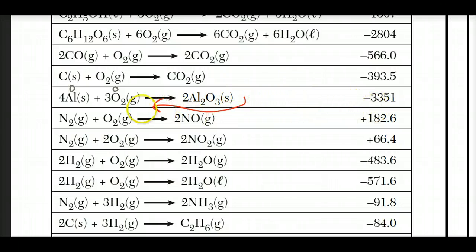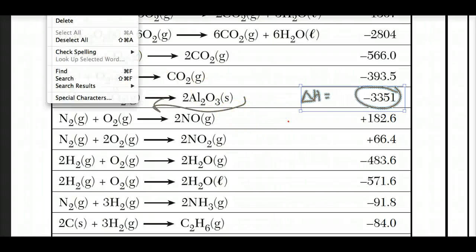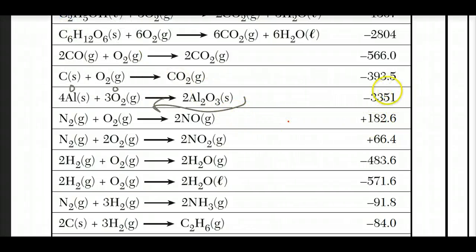One thing I will say, if something is being synthesized, if it's exothermic, delta H is negative, meaning energy is released. In the reverse, it becomes positive. So the decomposition of aluminum oxide, or the analysis of aluminum oxide in the reverse, would be endothermic, positive 3351. So something to think about there.